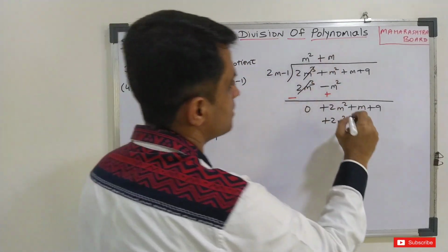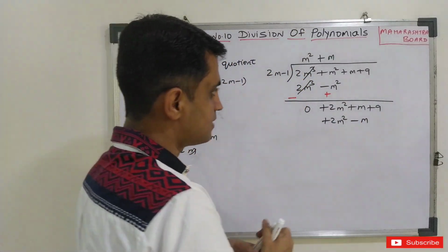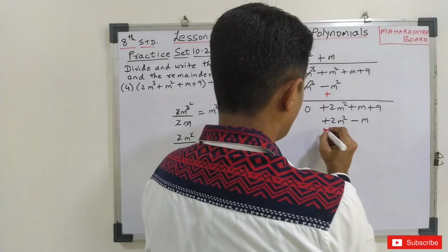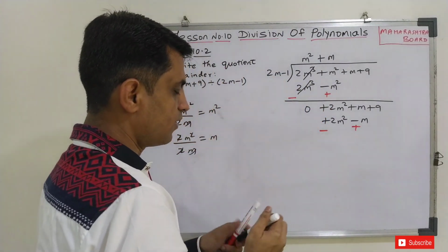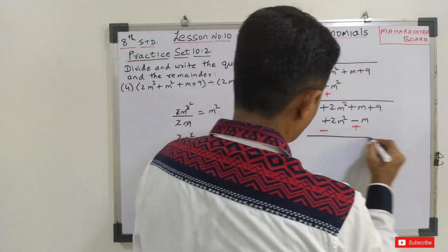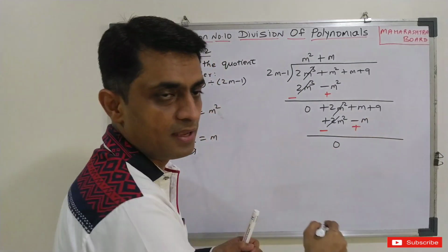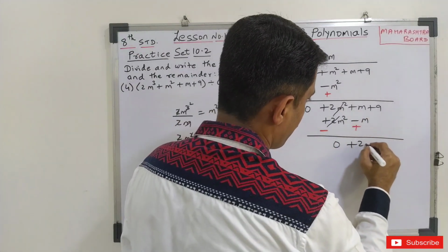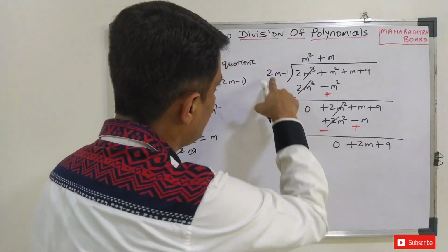Minus 1 into m is what? Minus m, or minus 1m. Now students, here again the sign will change. Minus plus. This will get cancelled. You will get 0. Now m plus m is what? Plus 2m. And here plus 9. Now 2m divided by 2m.